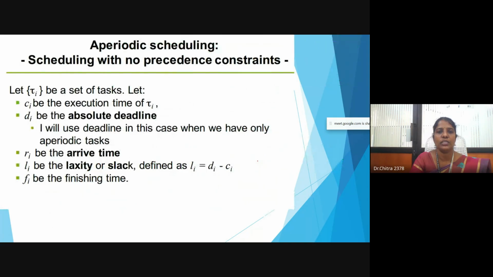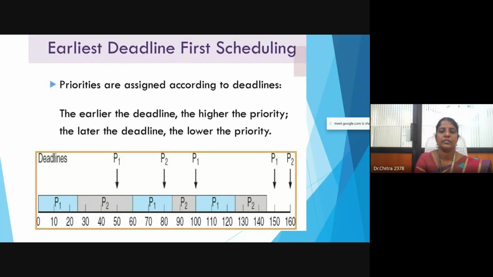The next one is this algorithm. Another type of real-time operating system scheduling is earliest deadline first scheduling. This is the non-preemptive type of scheduling. Here, the priority is assigned based on the deadline.